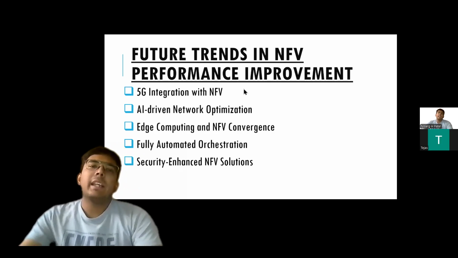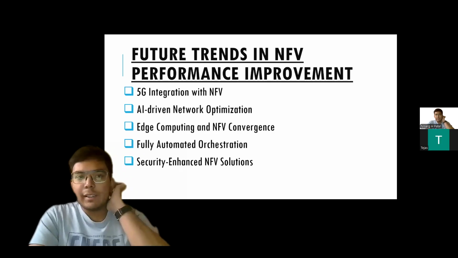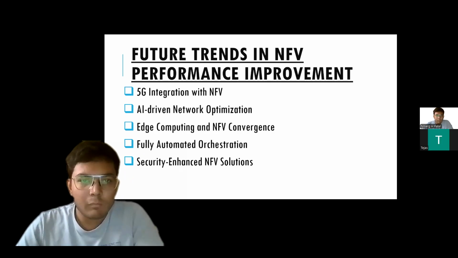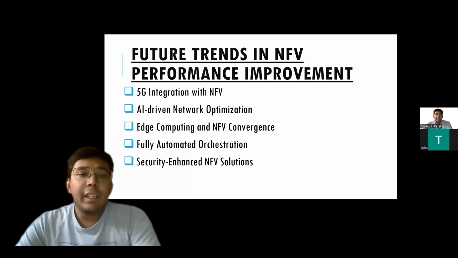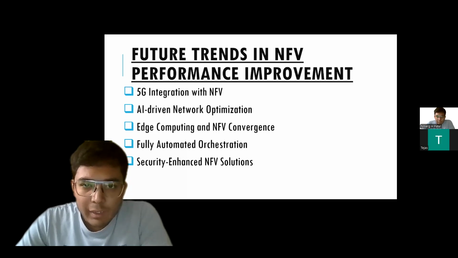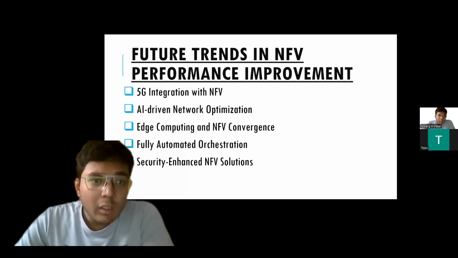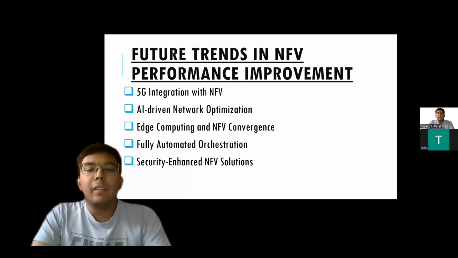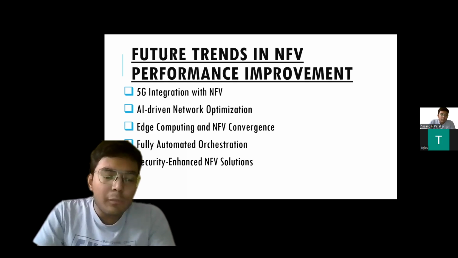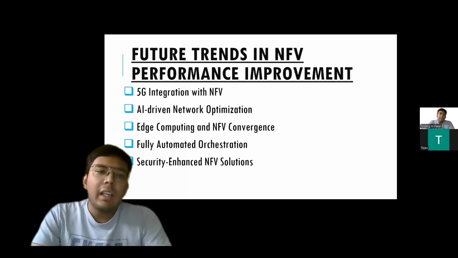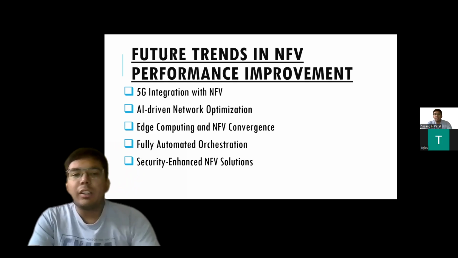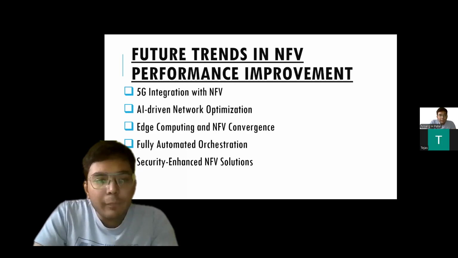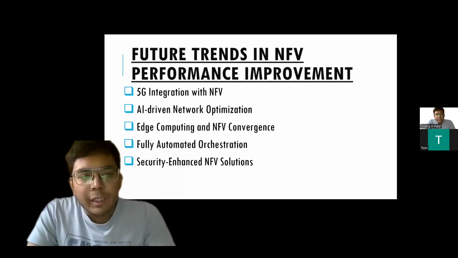Now, moving forward to the next topic, which is future trends in NFV performance improvement. Integration of 5G technology: using NFV to make 5G technologies more flexible, scalable, and efficient. AI-driven network optimization: using artificial intelligence to analyze, predict, and improve network function performance automatically.